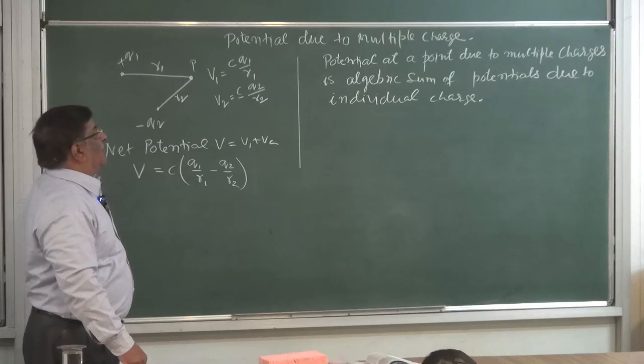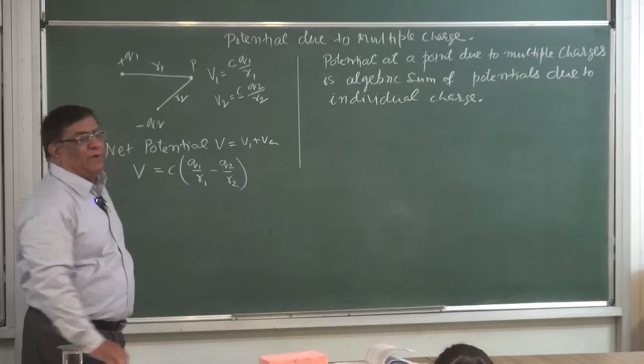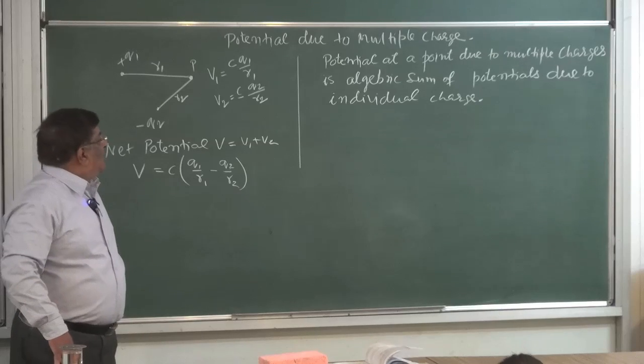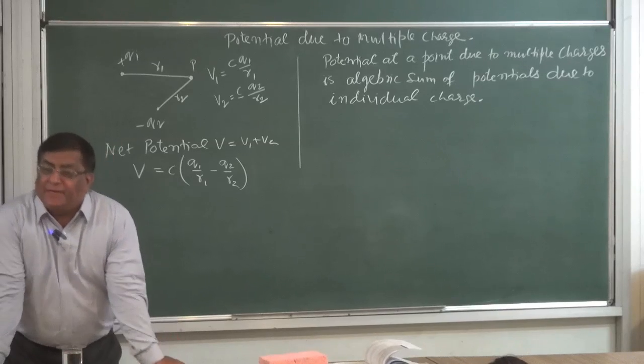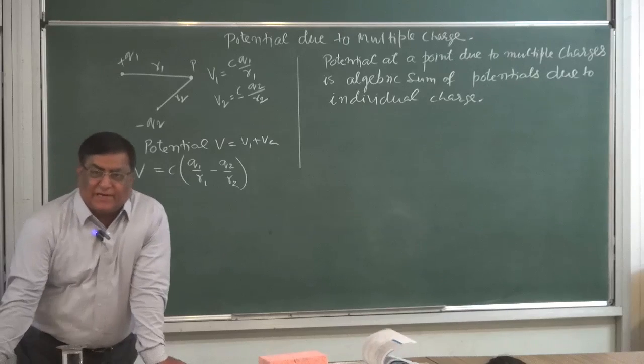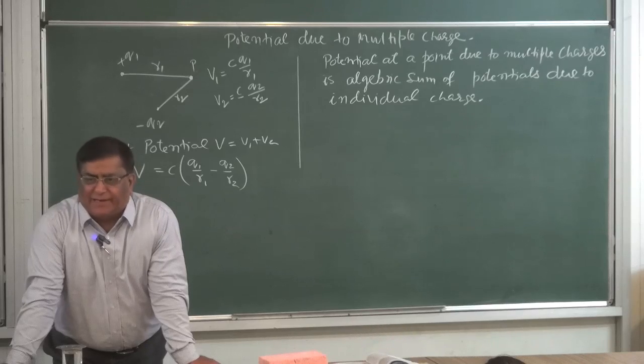Potential at a point due to multiple charges is the algebraic sum of potentials due to individual charges. And this is what algebraic sum means: we have to take plus and minus. Understand? So if it is a positive charge, it is plus; if it is a negative charge, then it is minus.